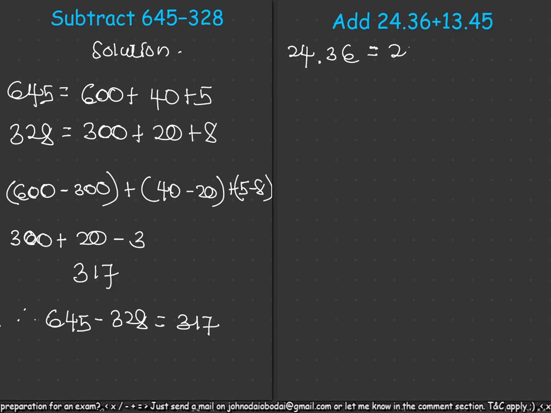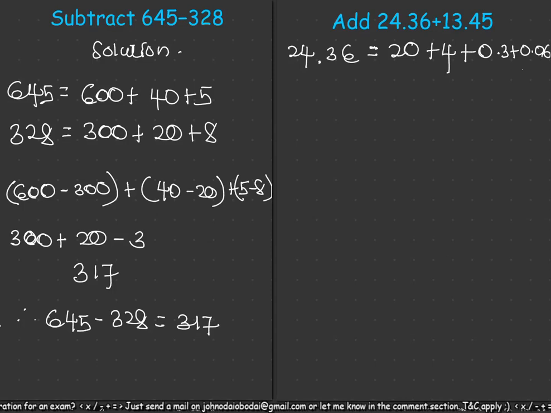your 20 plus 4, that is the whole number side, then for the decimal plus 0.3, then plus 0.06. Okay, you can either write it this way, or better still, you can say your 20 plus 4 plus the 3 has a place value of tenth.